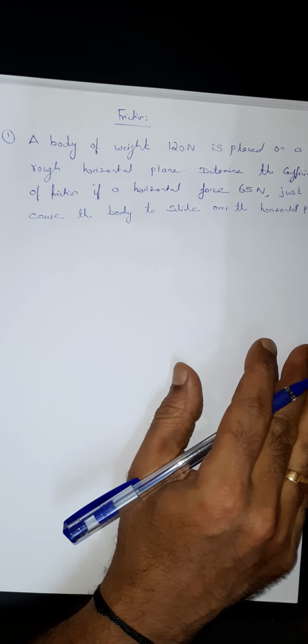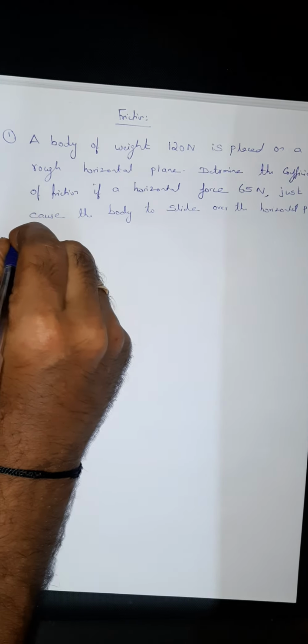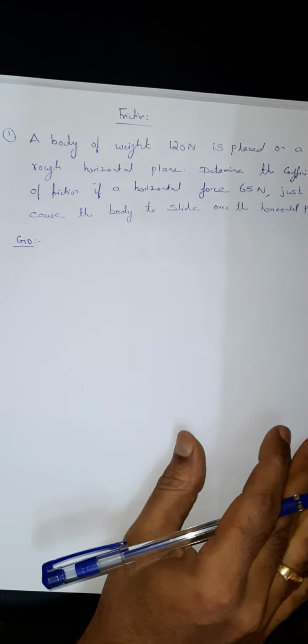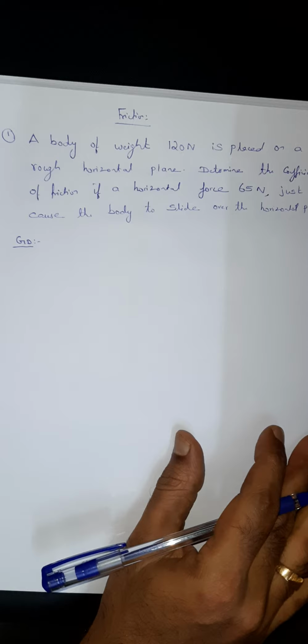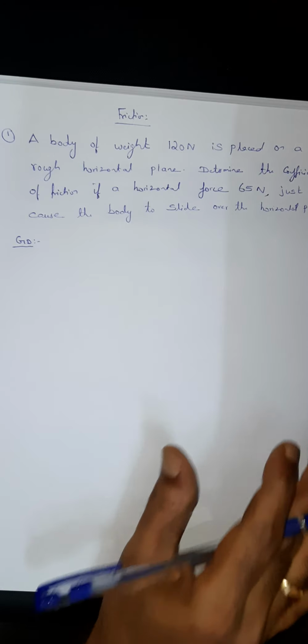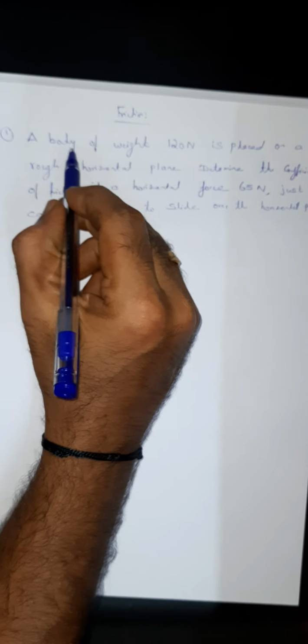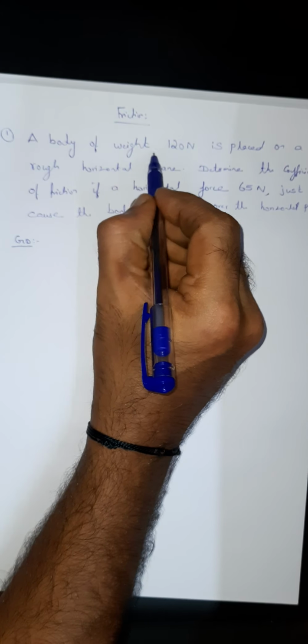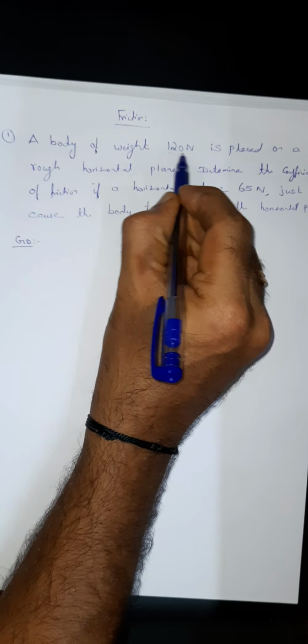As far as this problem is concerned, there is no picture or figure or any drawing given. So first we extract as much information as we can from the given question. Let's extract one after the other, reading out the question. A body of weight 120 Newton.